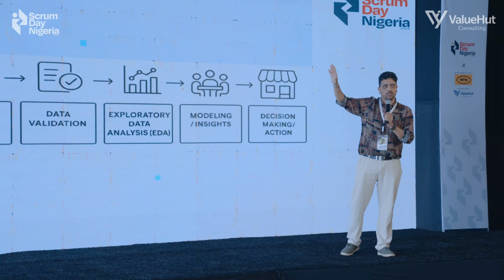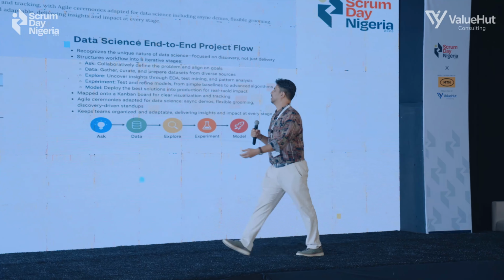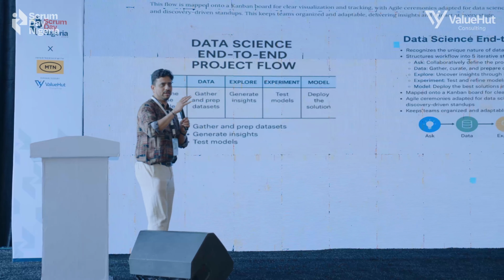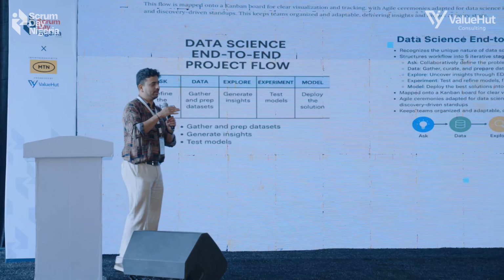Next one. Yep. This is the most important, I would say this is the heart of bringing agility to data science. This is the most important thing because we need to first define the problem, right? Because the most common aspect when you're working with data science project teams is that the business analyst and the data analyst have to work together.